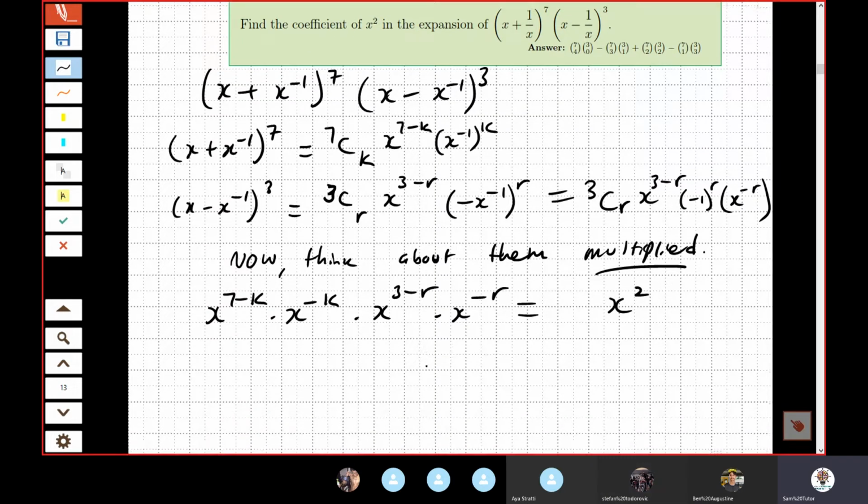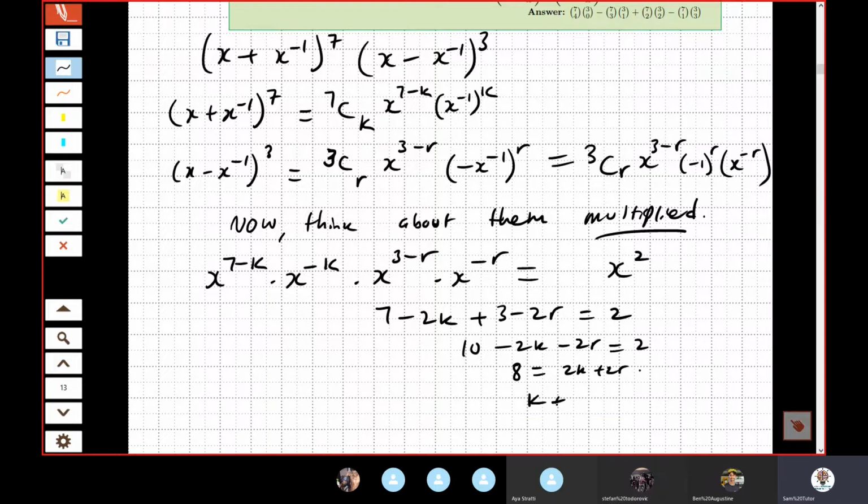Good. And then we get 7 minus 2k, because you're adding the powers, plus 3 minus 2r must equal 2. 7 plus 3 is 10, take away 2 equals 8, so 8 equals 2k plus 2r, which means k plus r equals 4 this time.